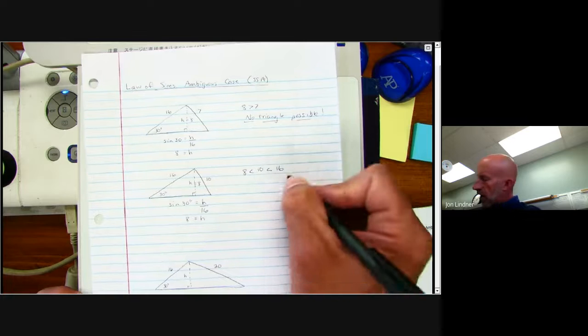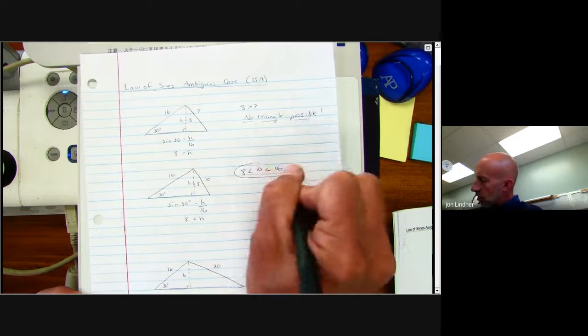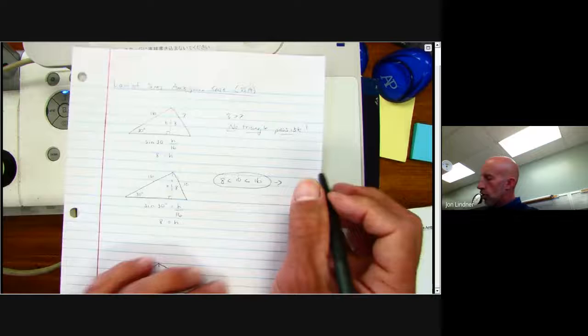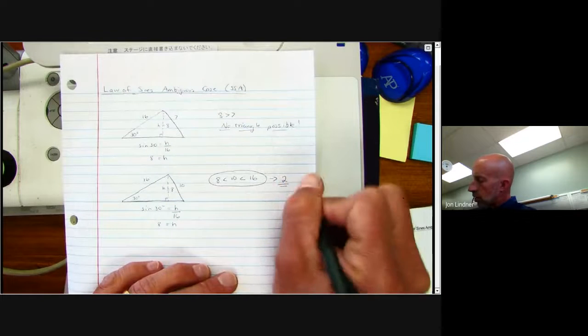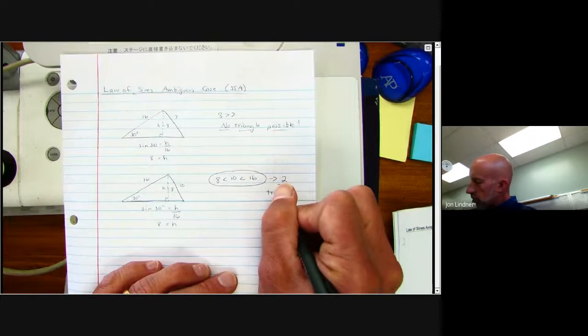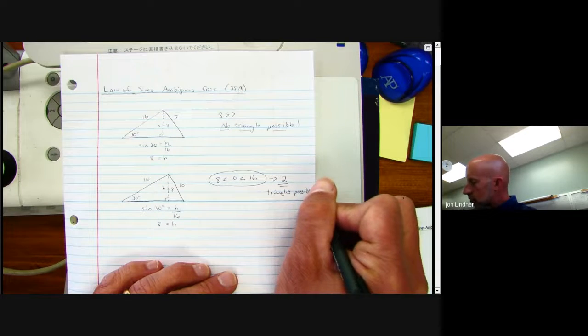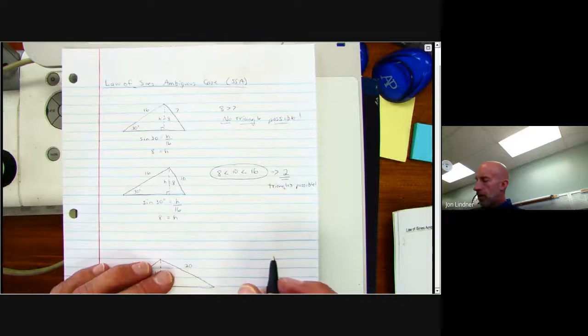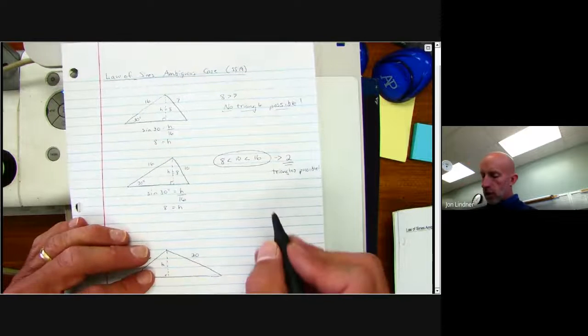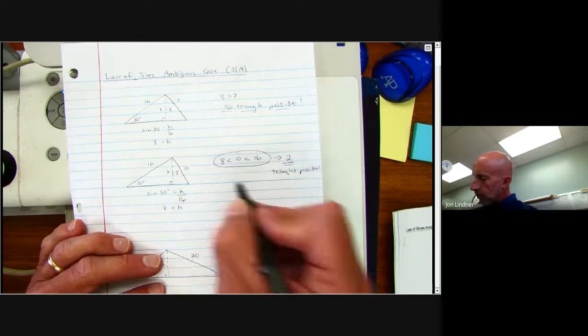When we have that situation right there, there are two triangles possible. Okay, and so what we do is we need to start by solving the first triangle.